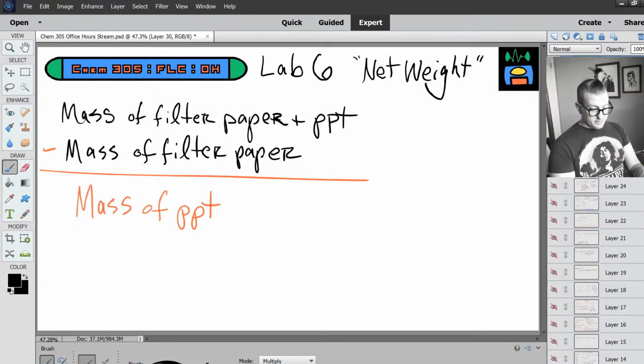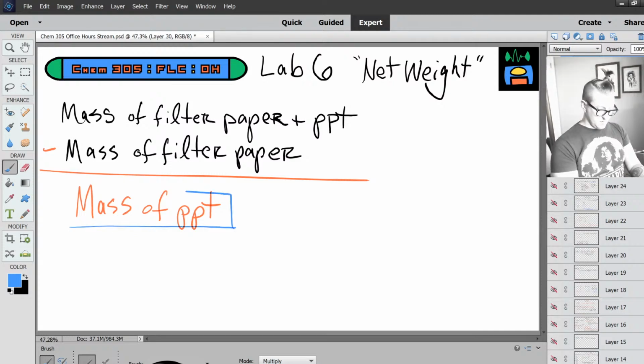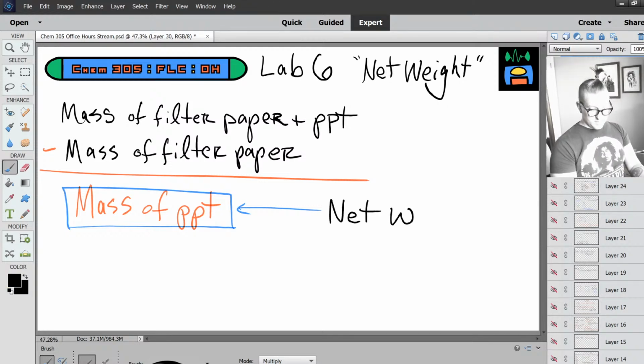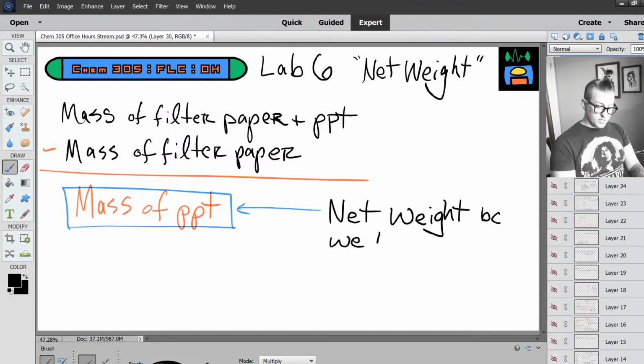And this mass of precipitate right here is called the net weight because we took the difference of two masses to find it.